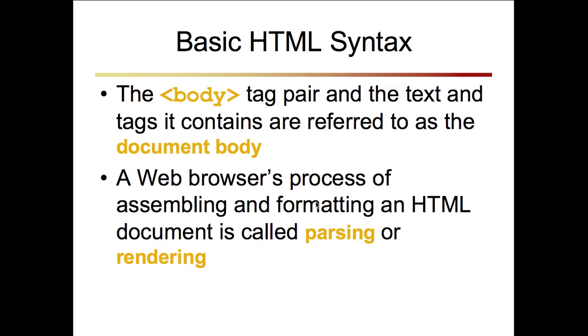So this is sort of the foundational material. Although it sounds pretty easy, and it is easy, it's how we make up the structure in terms of the formalization of it. The body tag and the text inside of the tags it contains is referred to as the document body. Web browsers process and assemble the formatting of the HTML document, which is called parsing or rendering.